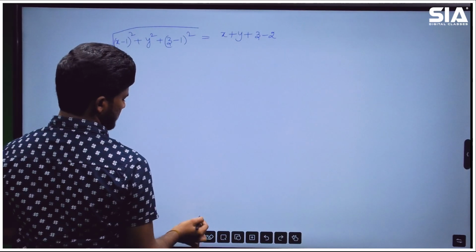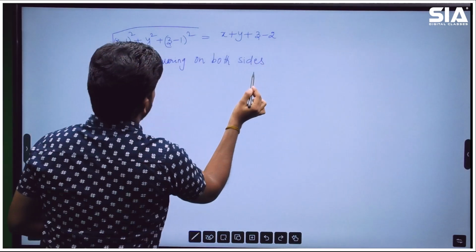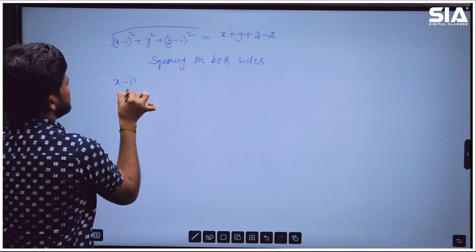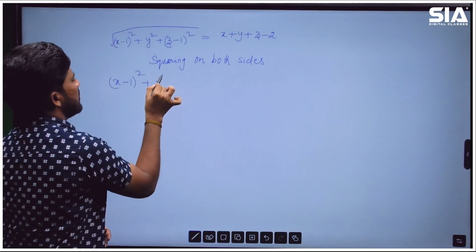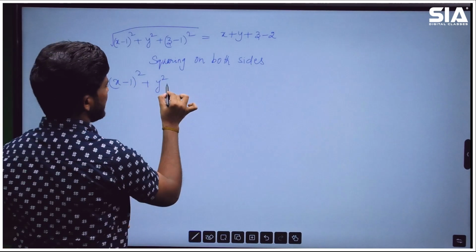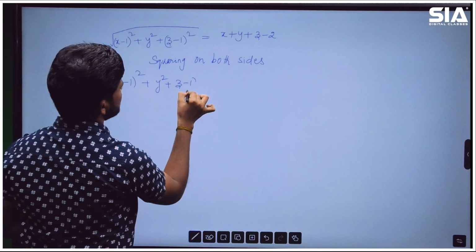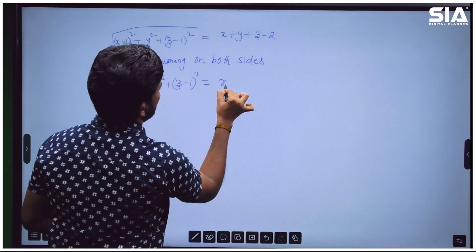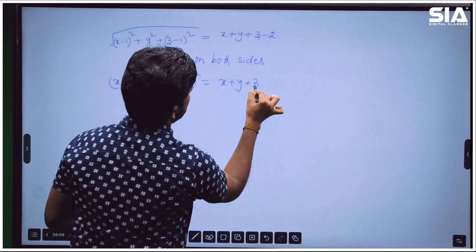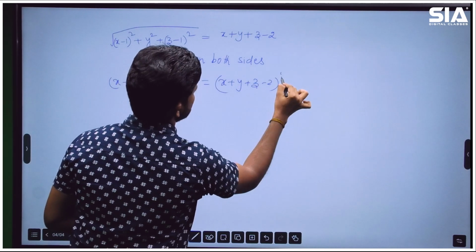Squaring on both sides, we get (x minus 1) whole square plus y square plus (z minus 1) whole square is equal to (x plus y plus z minus 2) whole square.